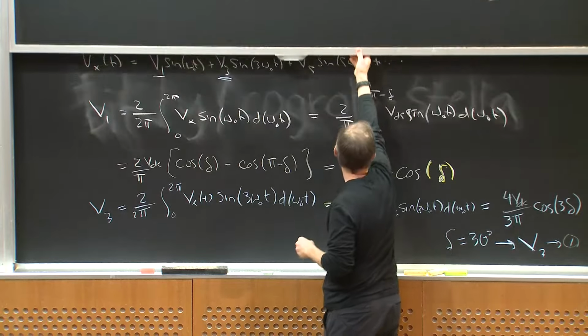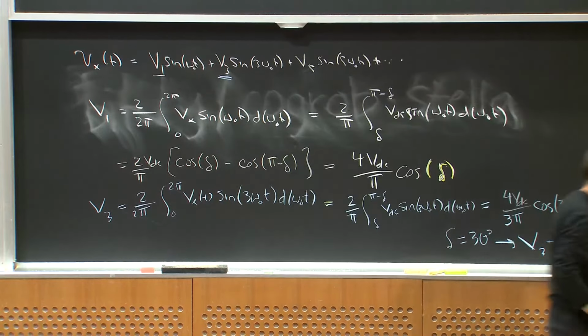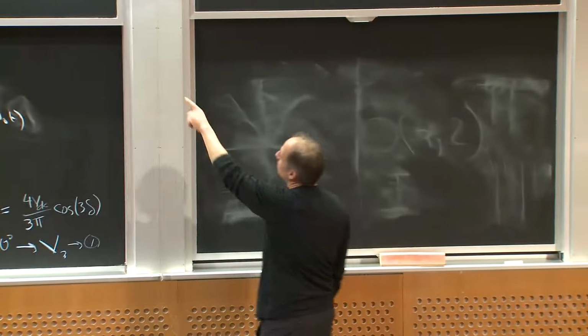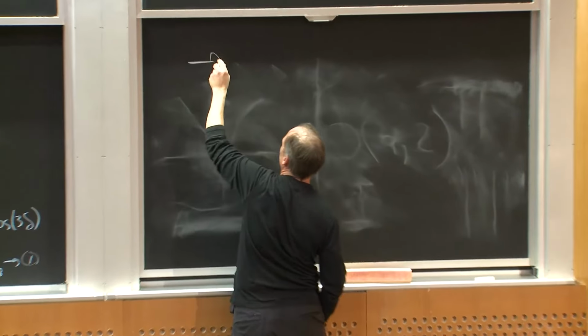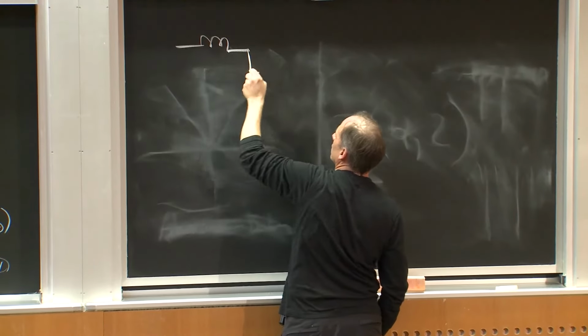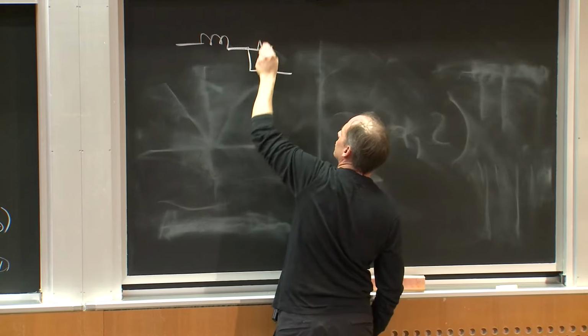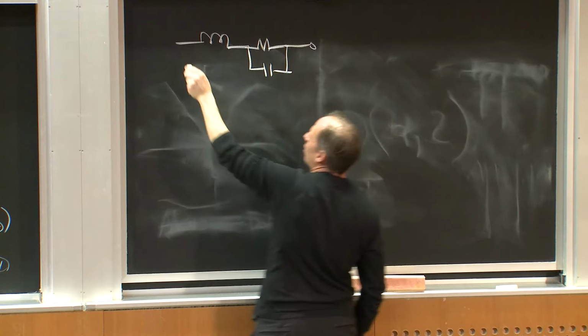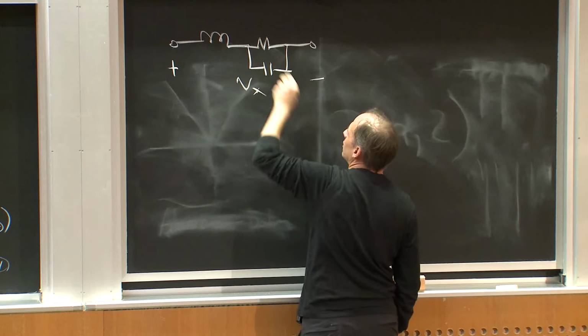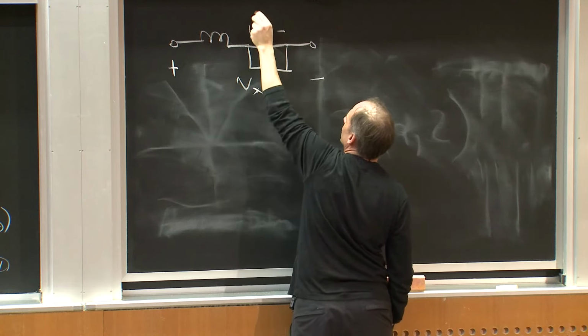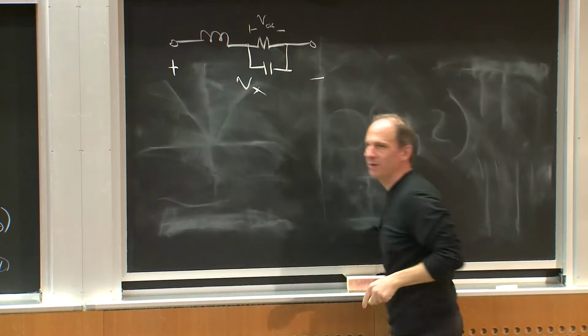If I thought about my system, suppose I put up some filter. Like here's some filter. And here's some VAC that I want, for example. So here's Vx, and here is some VAC that's filtered that I might care about.